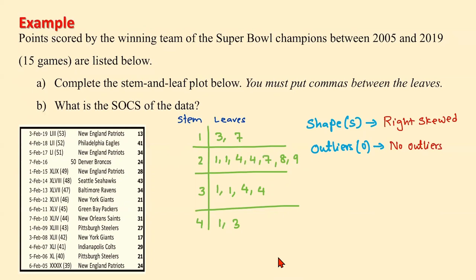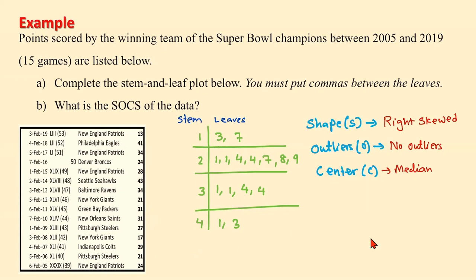Now C is the center, sometimes referred to as the median. The median is the value in the middle. What value is in the middle? If you count how many values are here, 1, 2, 3, up to 15.